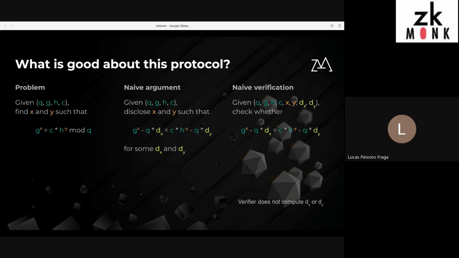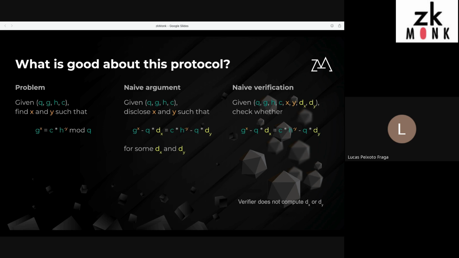So we can help the verifier verify the division instead of performing the division. We can help it verify the division by giving these dividends to the verifier. And this makes the verification way faster, which is something that we want.